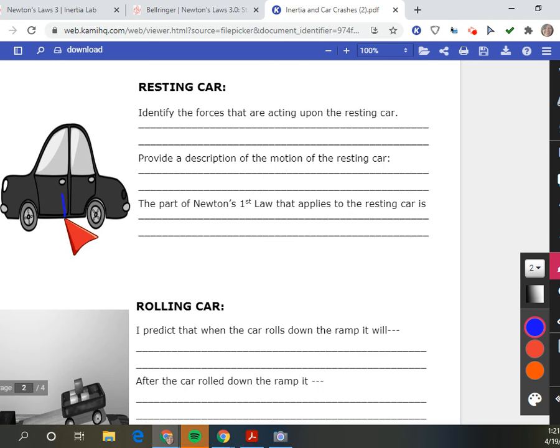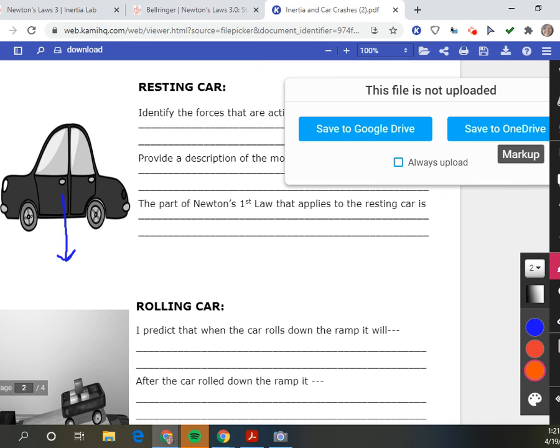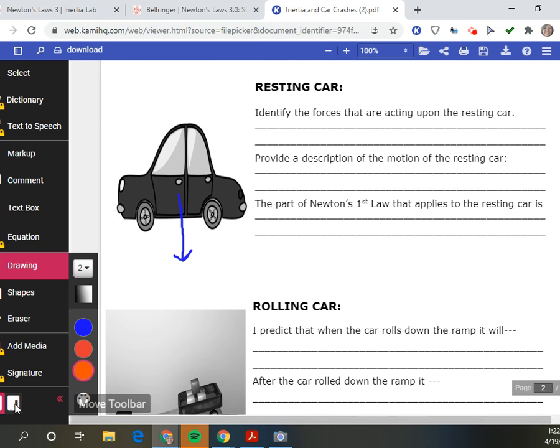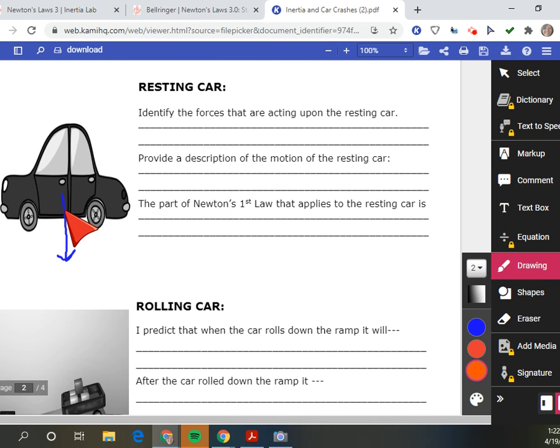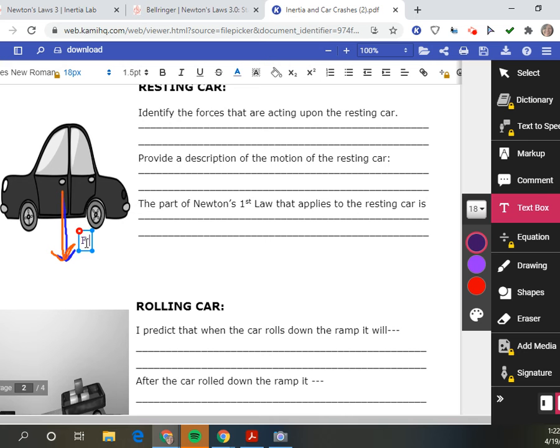Well, there's the force of gravity, which maybe I should use a different color because that's hard to see. Okay. So if this is the force here, this would be the force of gravity.